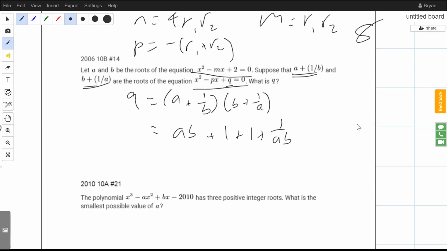And since A and B are the roots of the equation here, AB is equal to 2. So this quantity is just going to be 2 plus 1 plus 1 plus 1/2, which is equal to 9 over 2.